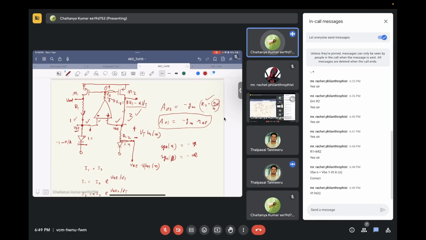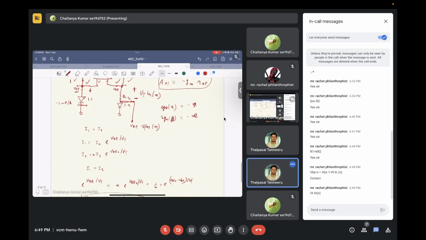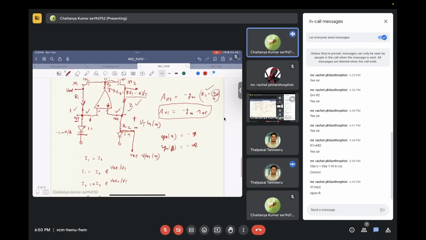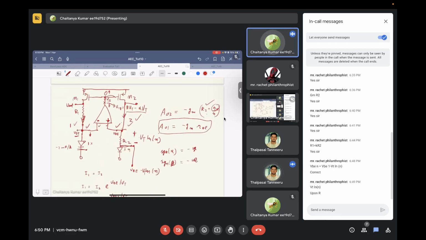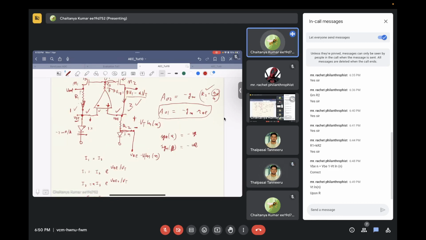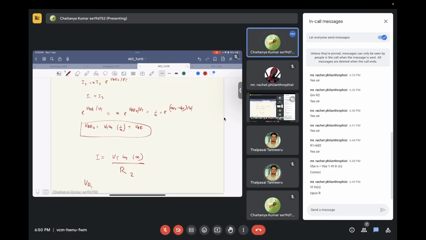Correct? So if this is VT ln n, the current will be VT ln n by R2, and the same current will be replicated over here. So the voltage across R1 will be R1 by R2 times KT by Q, and KT by Q is basically your VT, times ln of n.